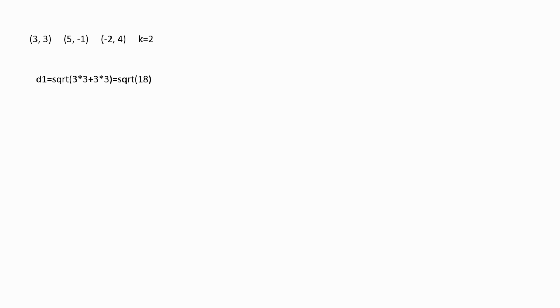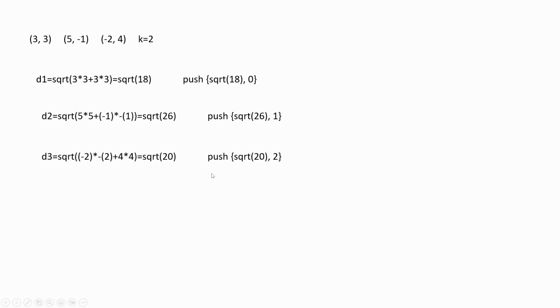Now we make a pair of this distance with the index of this point, that is 0, and we push this pair to our min heap like this. Now let's calculate the distance of the second point and also push it to the min heap. So this will be like this. Now it's time for the third point. This is it. Now we are done with pushing pairs to our min heap.